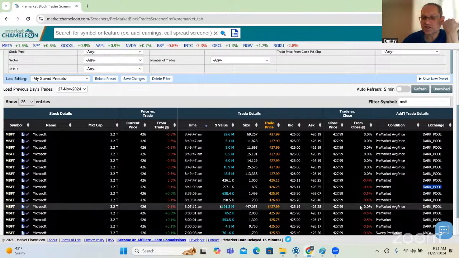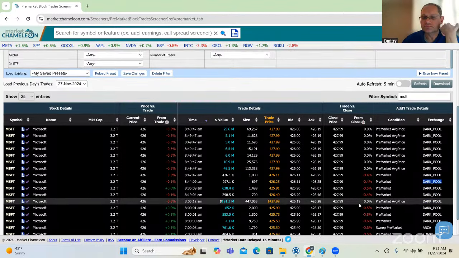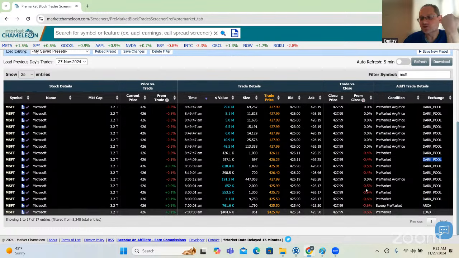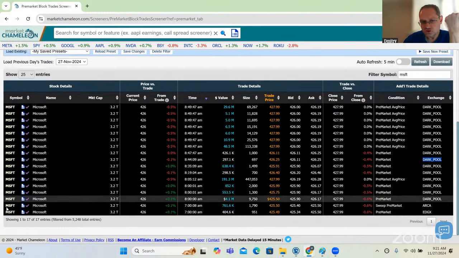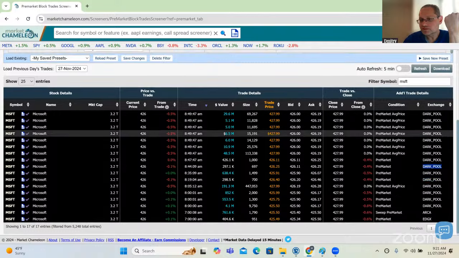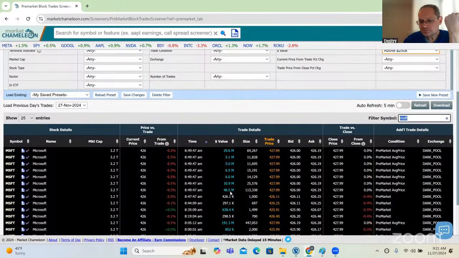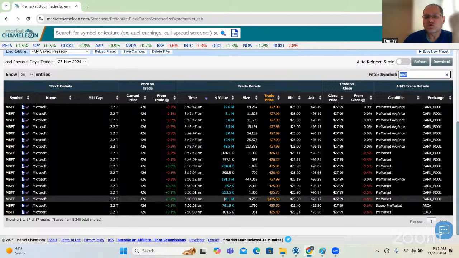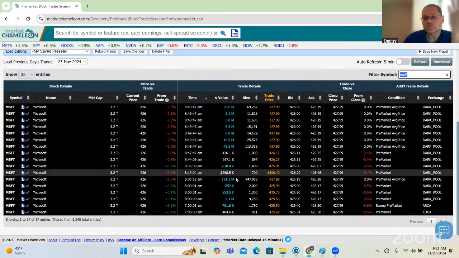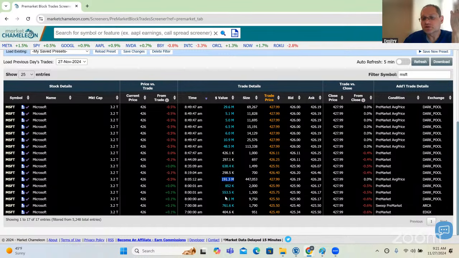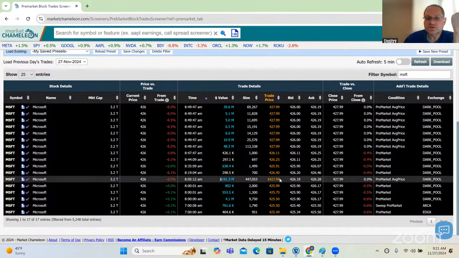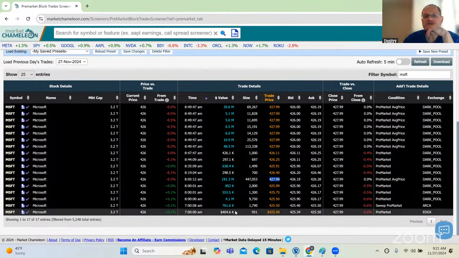So we could just take a look here. These are the last 17, and these are in Microsoft. We only isolated Microsoft here. And we could just kind of see the sizes. So here's a big one, 191 million. That kind of sticks out. That traded for $427.99.